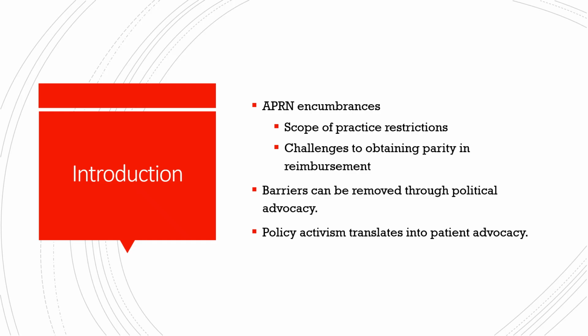There are some challenges that do exist related to things like reimbursement. And then we know that there are barriers that need to be removed so that we can actually advocate for those things that will impact us.